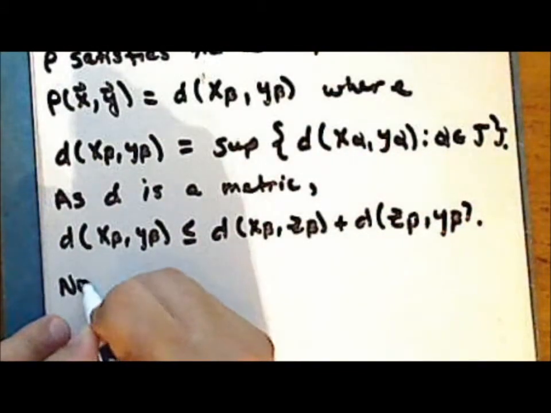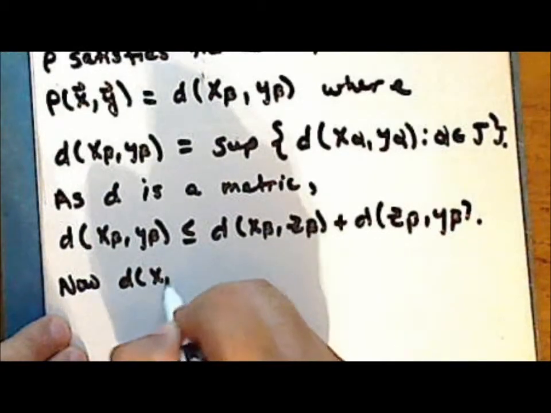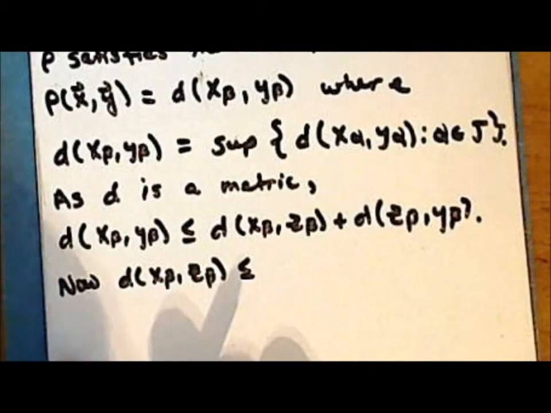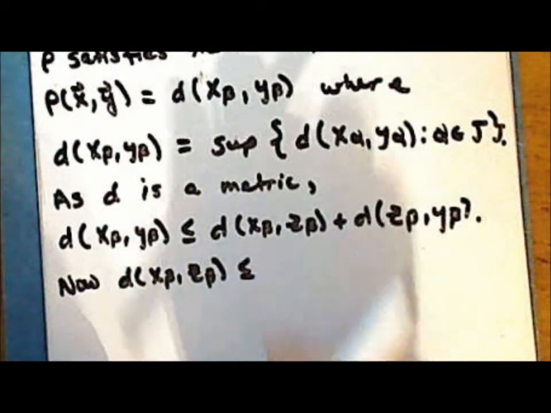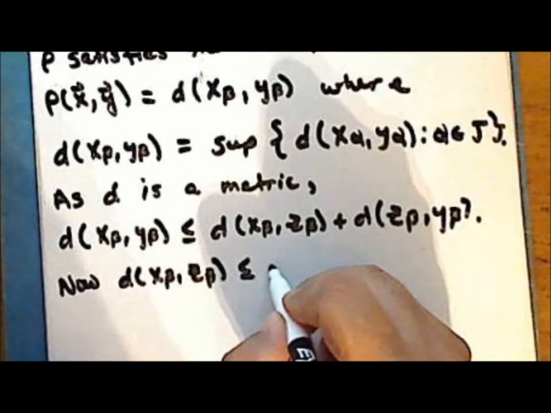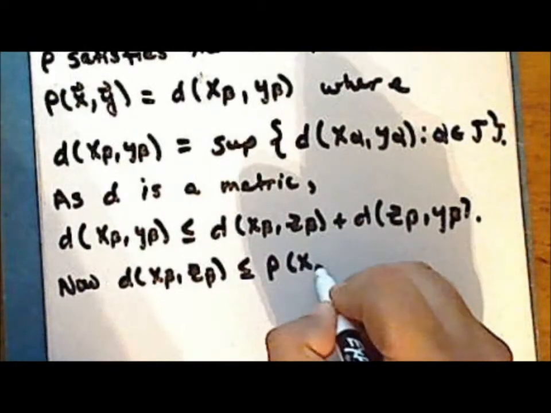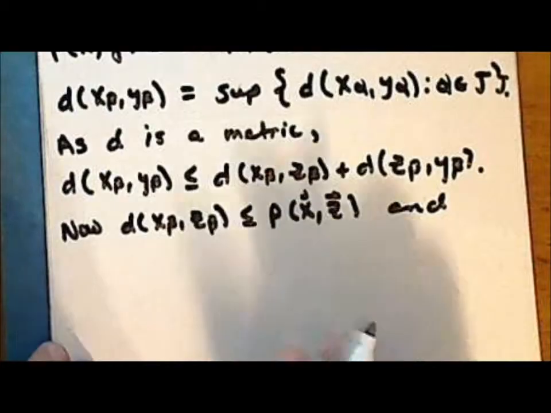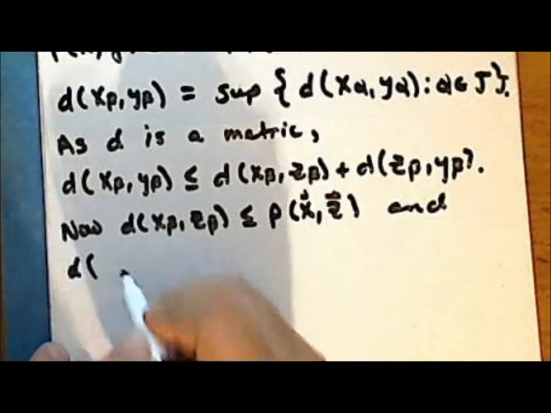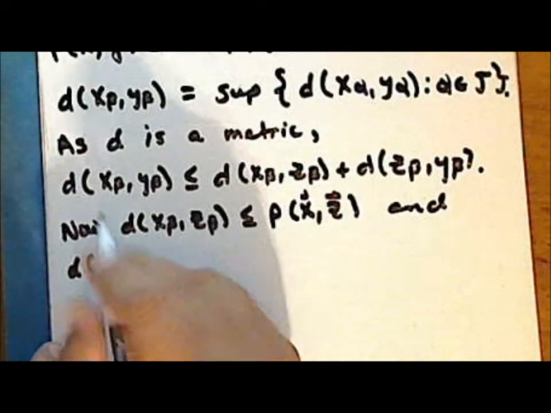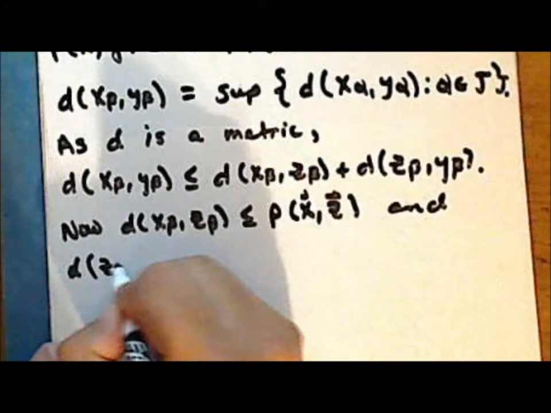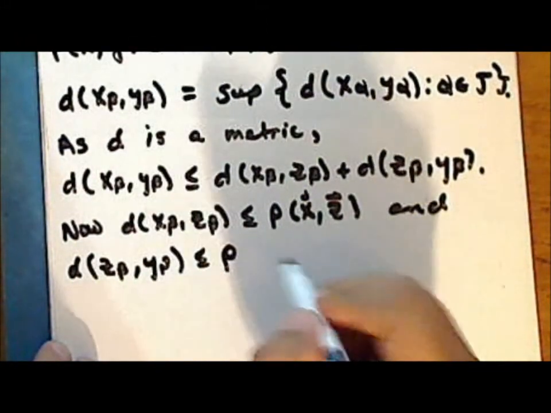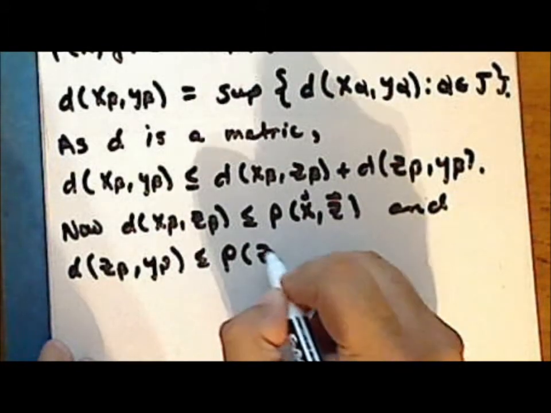Now, d of x_beta, z_beta is less than or equal to the supremum of all the possible values for x_alpha and z_alpha, and so it is less than or equal to rho of x, z. And similarly, the distance in the standard bounded metric between the components z_beta and y_beta is less than or equal to rho of z, y.